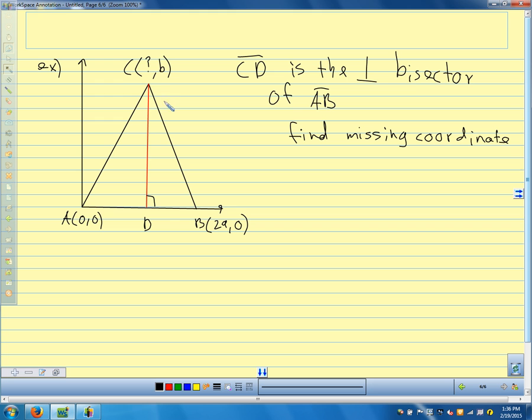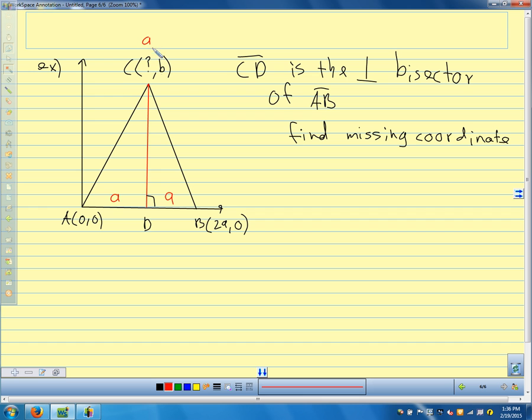All right, so the problem tells us this is the perpendicular bisector. So what does it do to this segment? Splits it in half. How long is this segment? 2A units. So how long is each half? A, right? Half of 2A is A. So this has to be A, and this has to be A. So how far over are we going to get to this point?